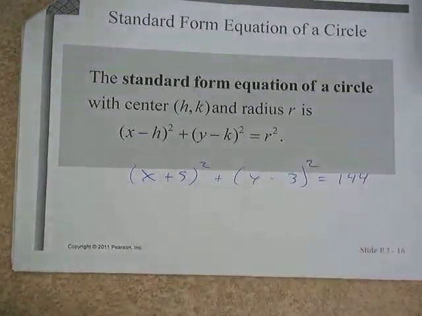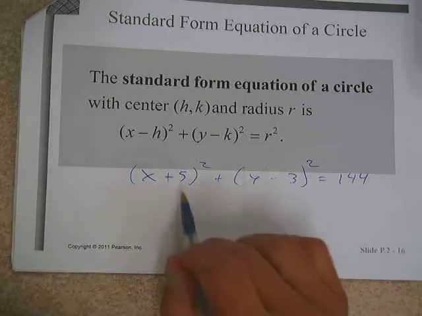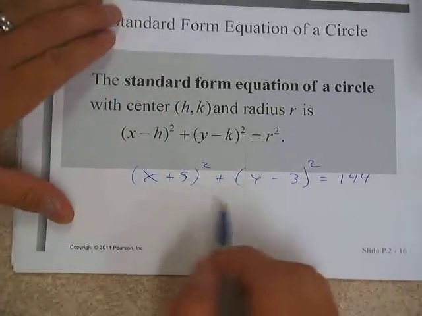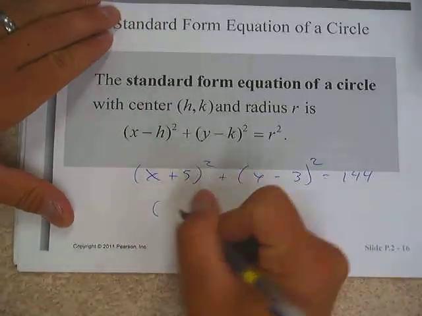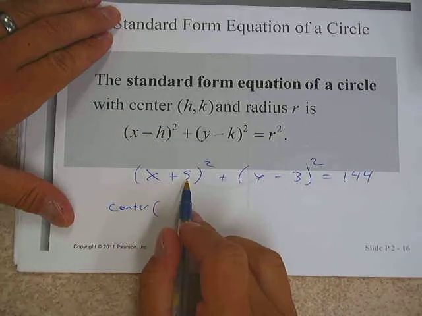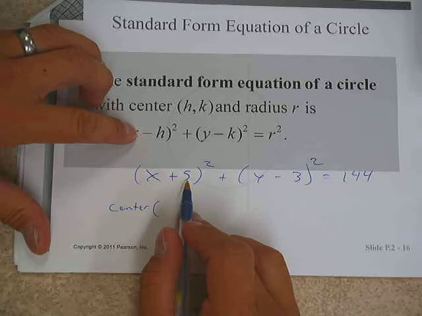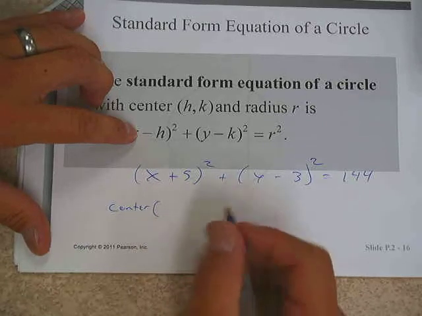So if I were to say x minus 5, I'm going to say x plus 5 instead. (x + 5) squared and (y - 3) squared equals, let's say, 144. Okay. So if you have that equation that is in the form of a circle, then you should be able to tell me some information about that circle. And if you know the information, you can also graph it. Okay.